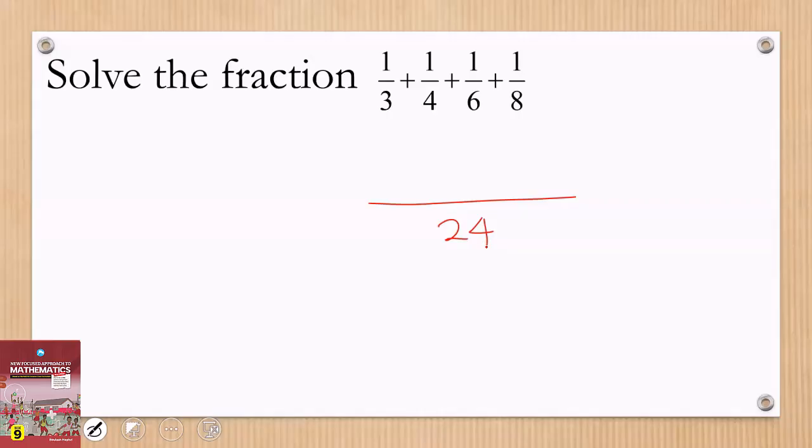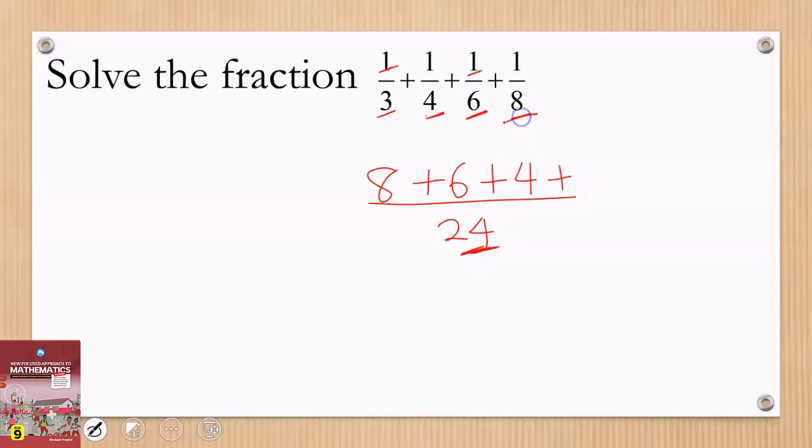So 3 divides 24 as what? 3 can divide 24 as 8, and 8 times the numerator gives us 8. Plus, 4 can divide 24 as 6, and 6 times 1 is 6. Plus, 6 can also divide 24 as 4, and 4 times 1 is 4.